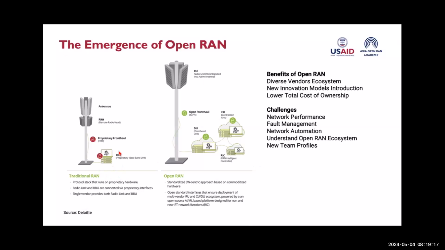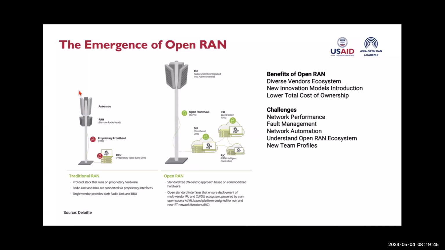In most of the networks we have, especially in this country, we have the BBU, the proprietary front haul, and the RRH or the RRU. RRH means remote radio head, and BBU is the baseband unit. The proprietary front haul is what we call the CPRI, or the common public radio interface.